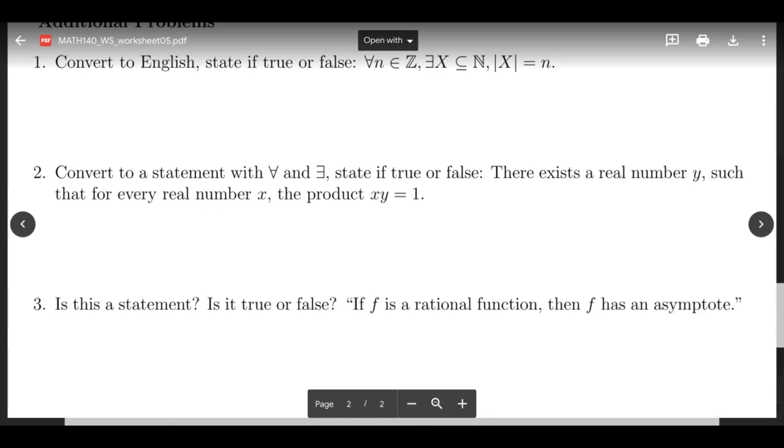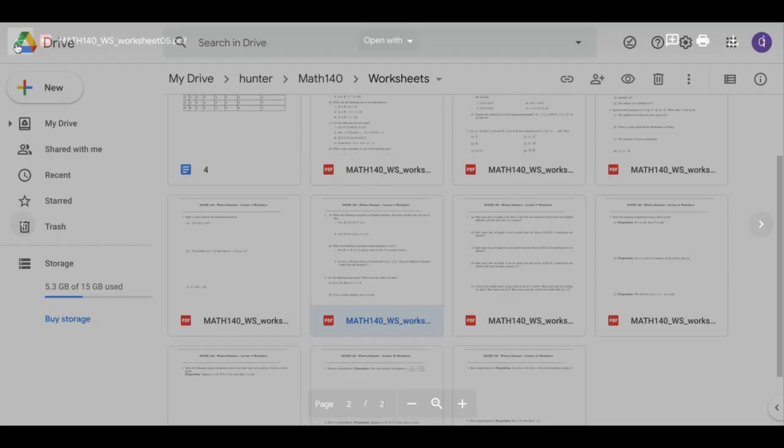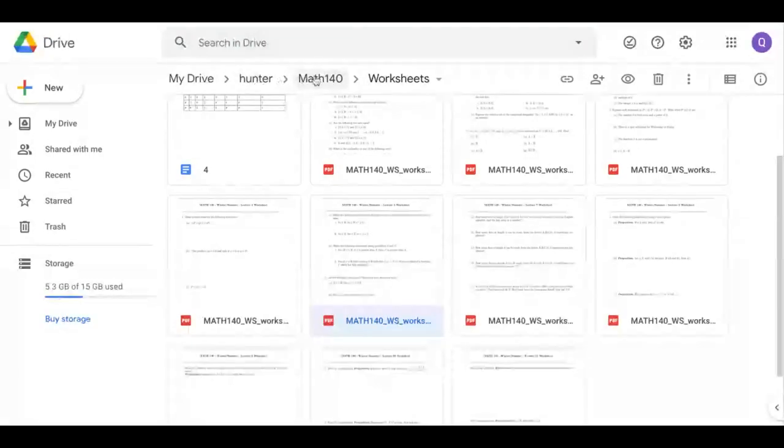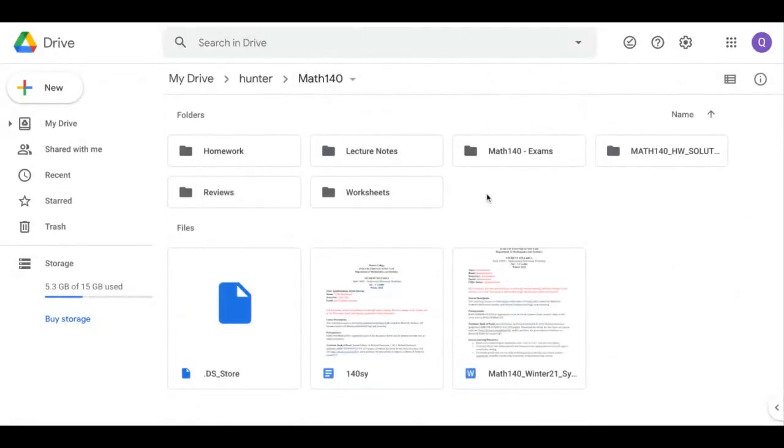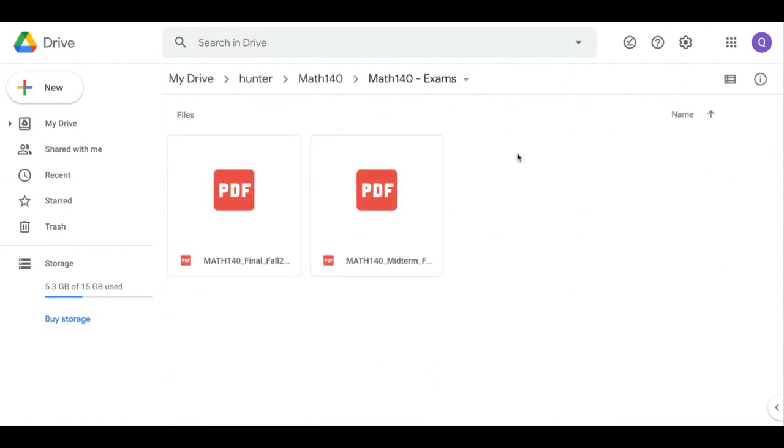It will take the whole class time. Number of questions, let me see. I'm going to show you where to find the exam, but let me check how many questions.